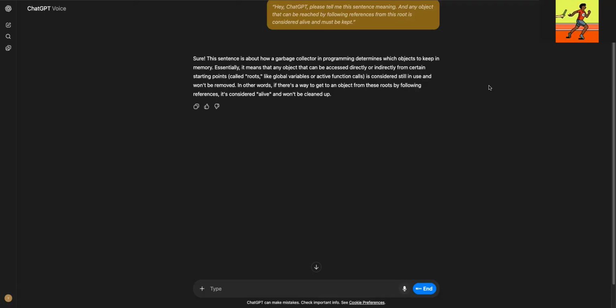So we have to keep this object. What object? The one that can be reached by following references from these roots. But I'm not sure about that. What does it mean?